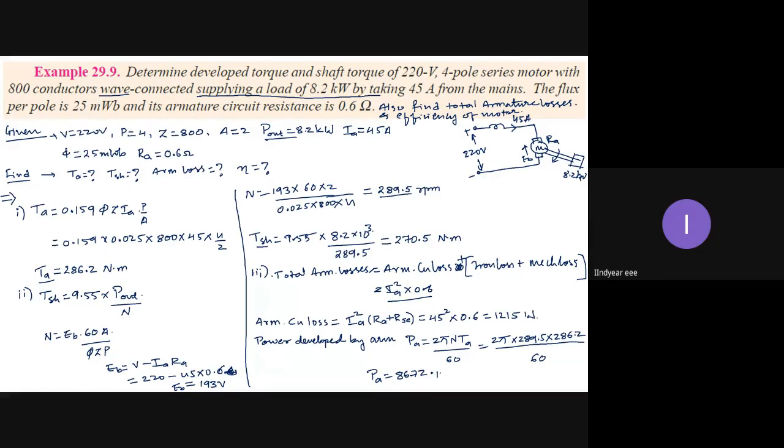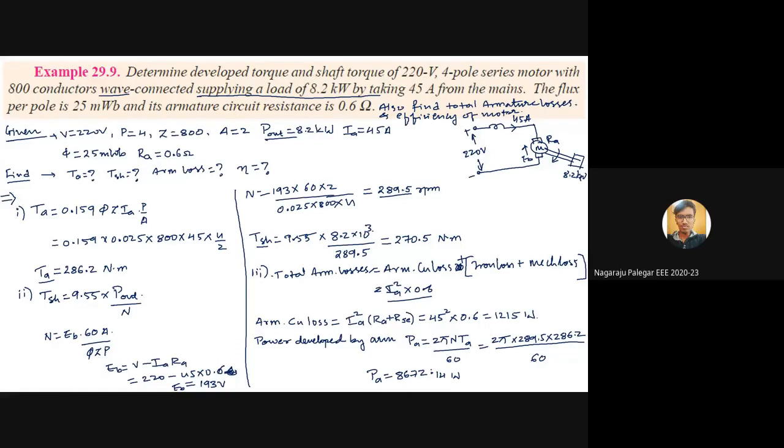Are all getting the same? Others? Students say 8676.54, sir.